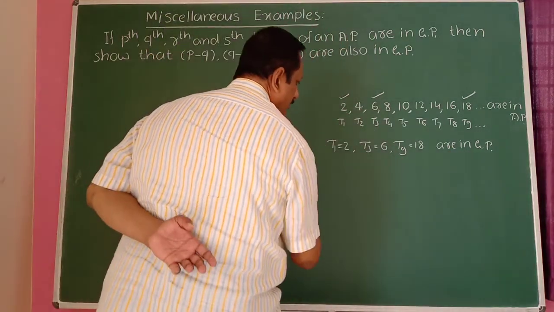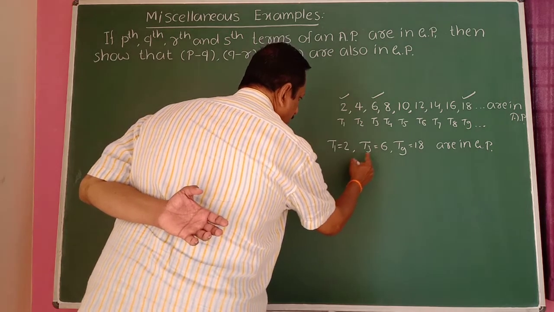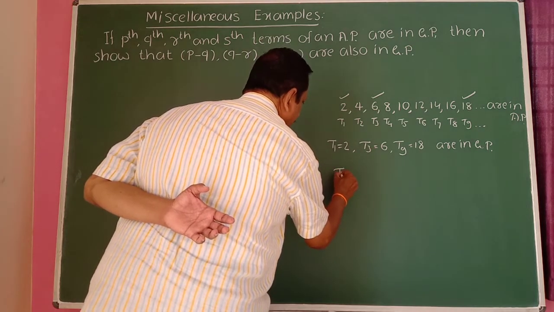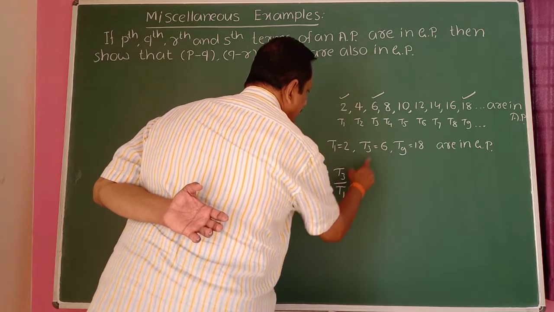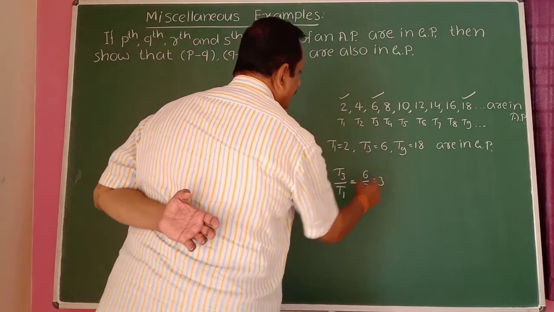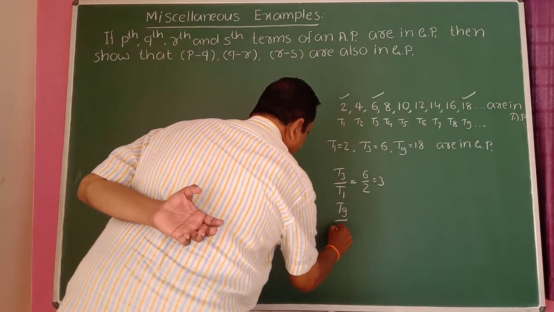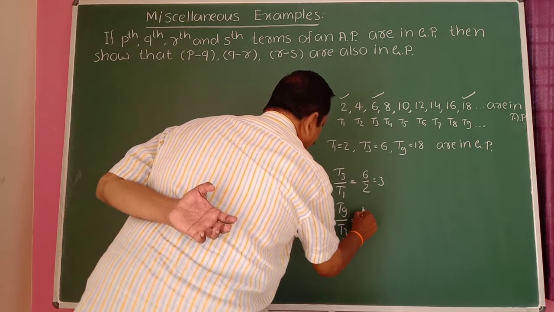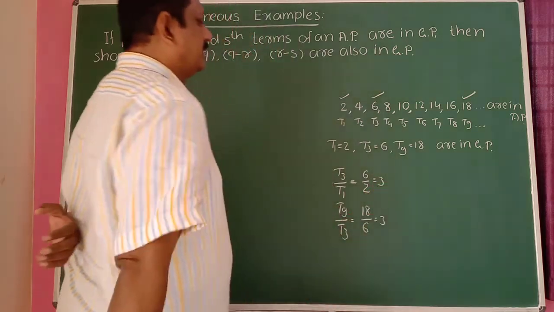Therefore, according to the geometric progression here, T3 divided by T1 is equal to how much? 6 upon 2, which is equal to 3. T9 divided by T3 is equal to 18 divided by 6, which is equal to 3.